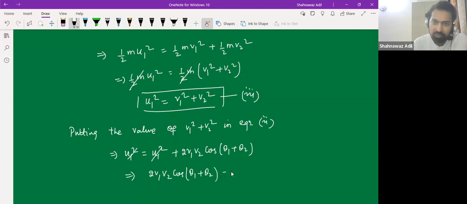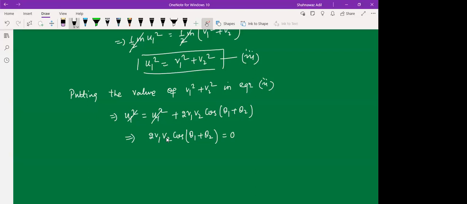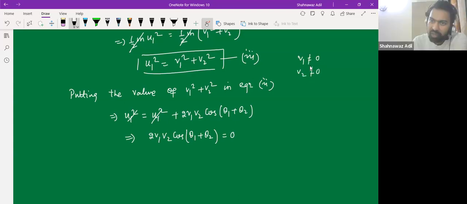This part cancels and we have 2 v1 v2 cos of theta 1 plus theta 2 equal to 0. Is the velocity of the first and second particle 0? V1 is not 0, V2 is not 0, and 2 cannot be 0. So cos of theta 1 plus theta 2 is 0.